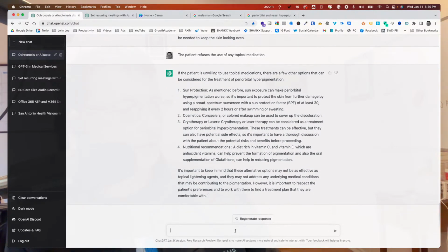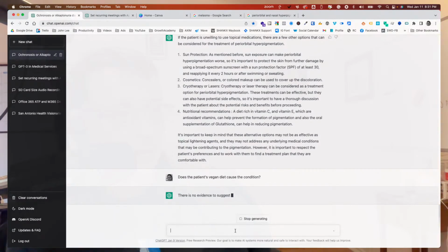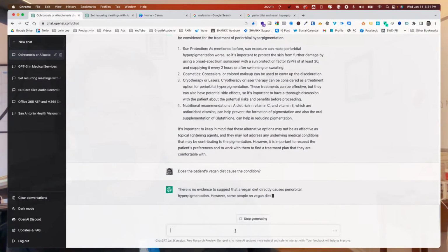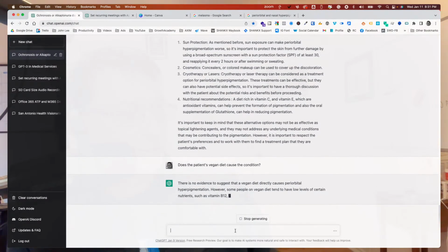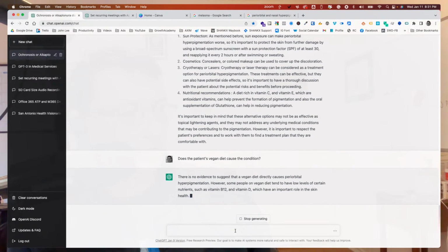So here are two things that I'm interested in. I'm a vegan, so I want to know, does the patient's vegan diet cause the condition? There's no evidence to suggest that a vegan diet directly causes periorbital hyperpigmentation.